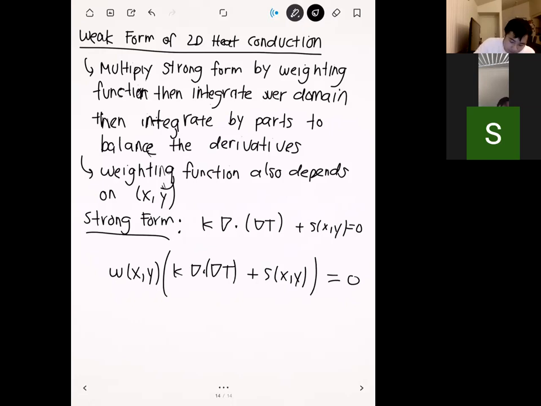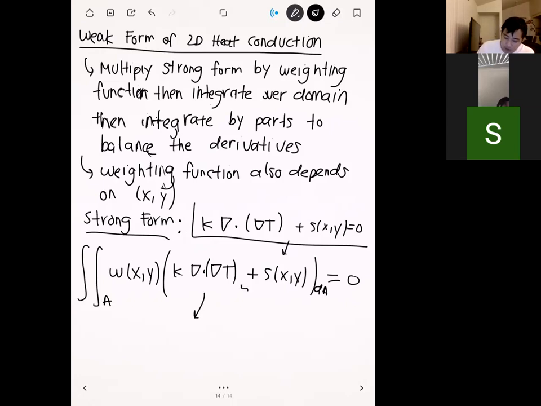And then the second part of this is let's integrate. And so to go from this top equation right here to this bottom one, all I did was multiply by W of x and y and then integrate it over the domain. And so our integral in this case is a double integral. Before moving on with the integration by parts, I'm going to separate these two terms.